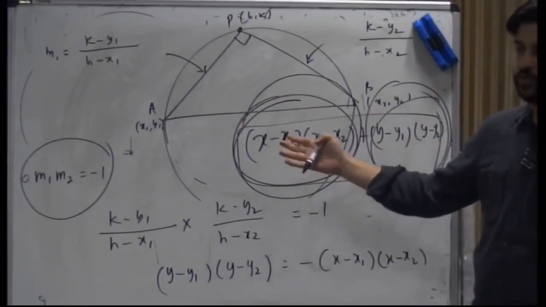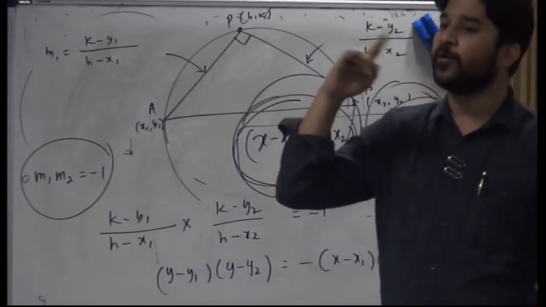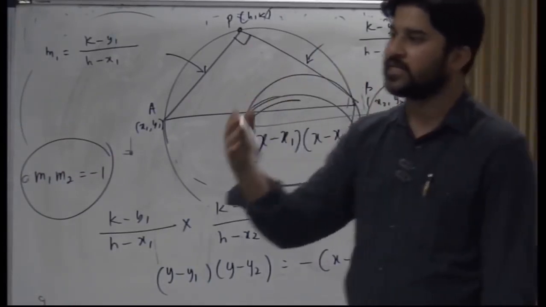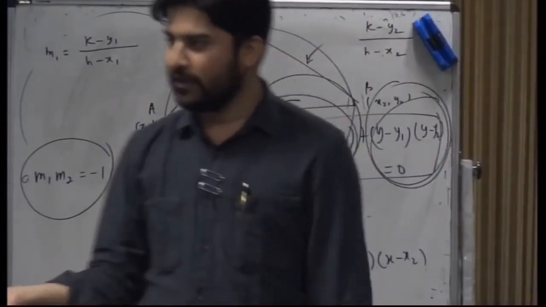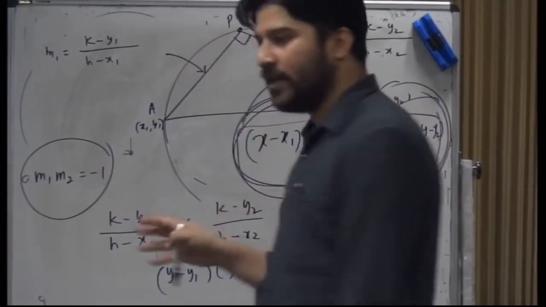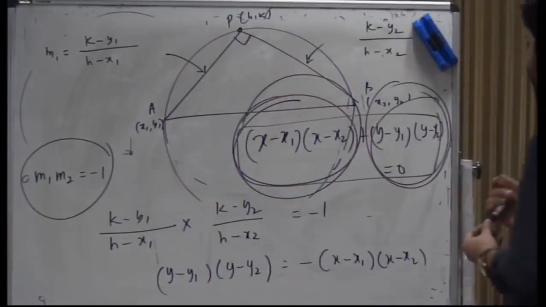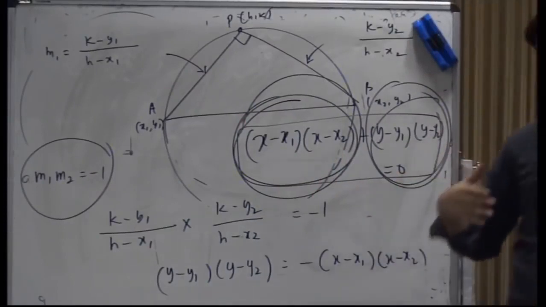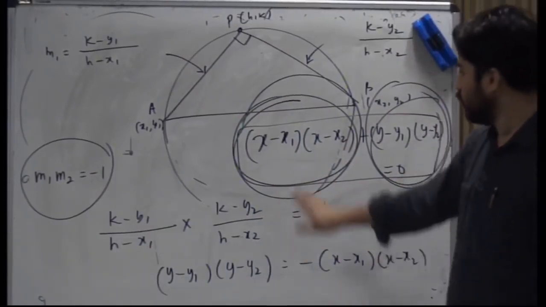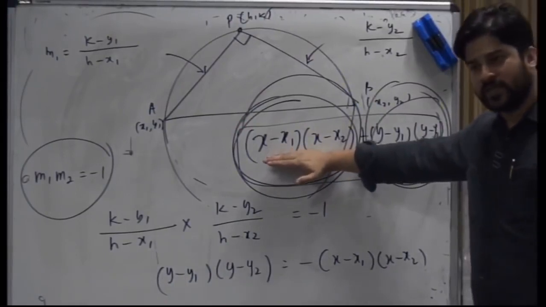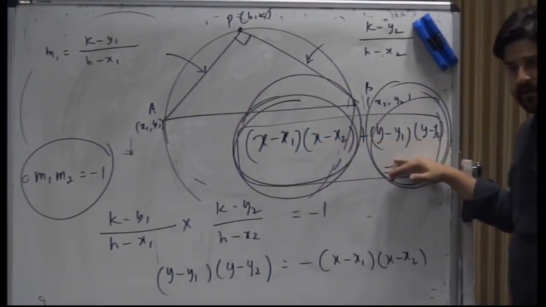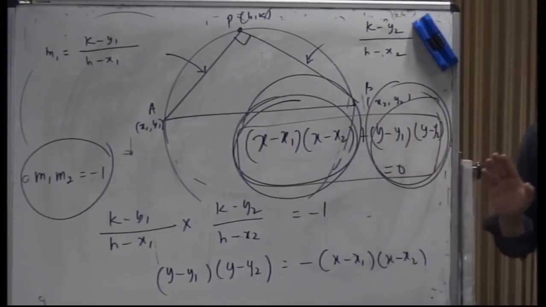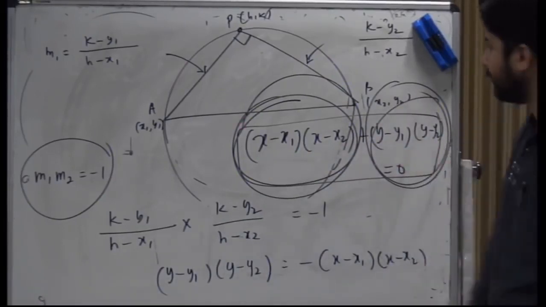The first in x gives you the roots as the abscissas of the endpoints of the diameter, and the second quadratic equation gives you the roots as the ordinates of the endpoints. This is very important, which I am telling you right now, because in the next few questions you will observe that this concept is actually helping you sort out many things, right? So this is nothing but a quadratic equation in x, and this is nothing but a quadratic equation in y, whose roots are abscissas and whose roots are ordinates, right or wrong? Good.